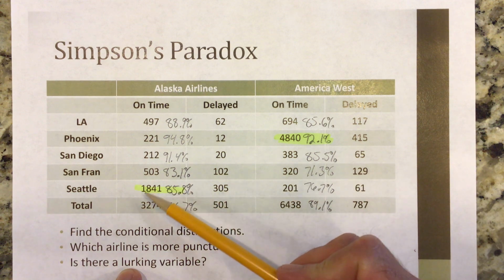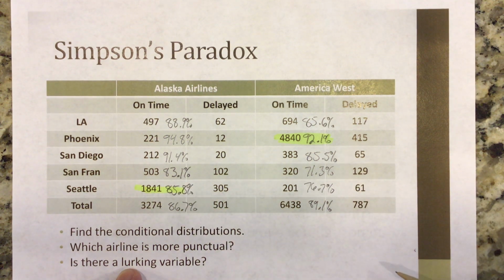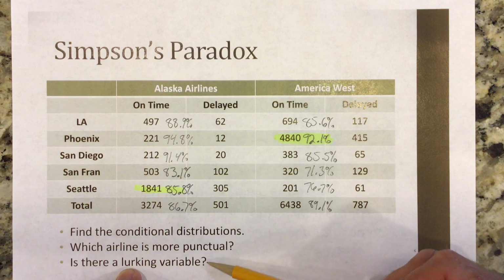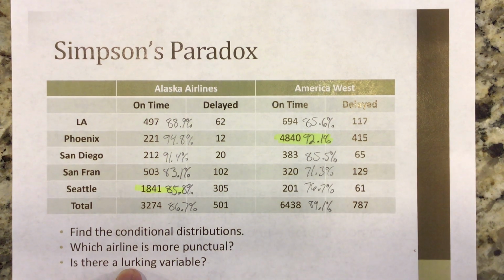So they're fighting weather, and they're going to have a lot more weather-related delays if we only look at the overall number of flights. And so that's why sometimes it's very important to look beyond just the overall total number of flights and break it down and take into account lurking variables like weather.